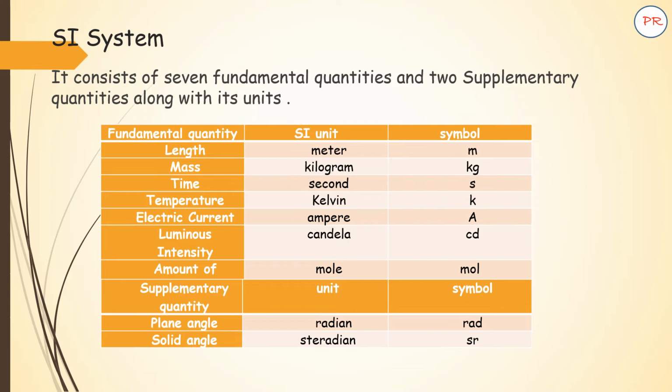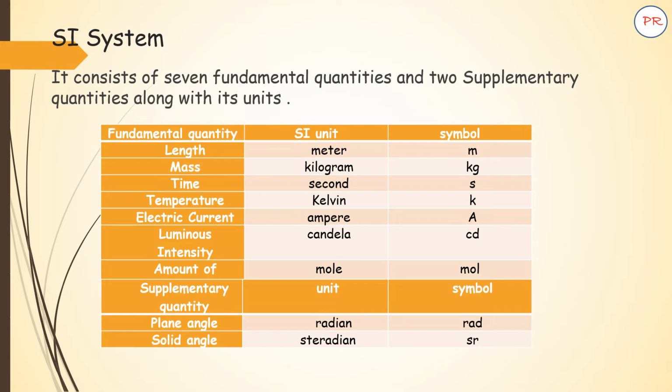So initially scientists found a lot of confusion during conversion. So again there was a meeting among the scientists and they decided that there has to be a universal system which has to be used throughout the world. And they came up with a system which is popularly known as the SI system.